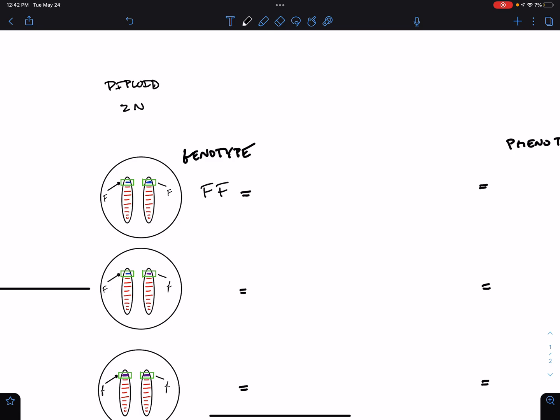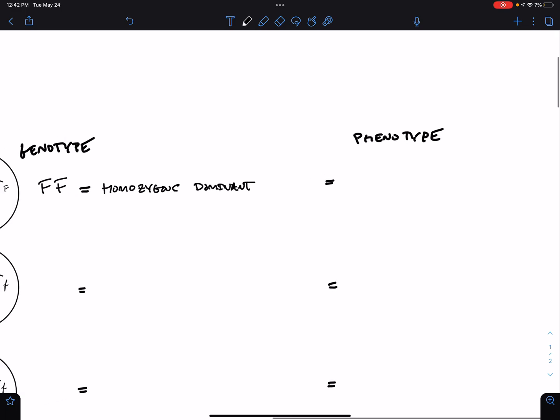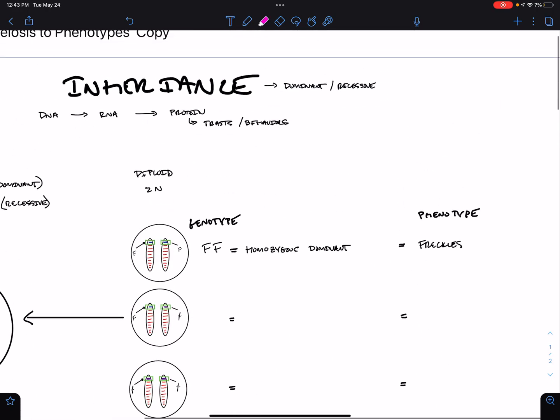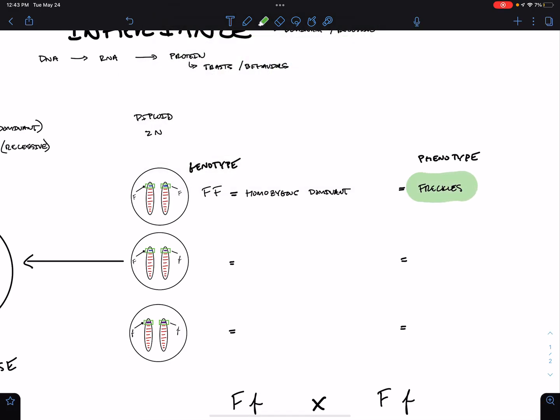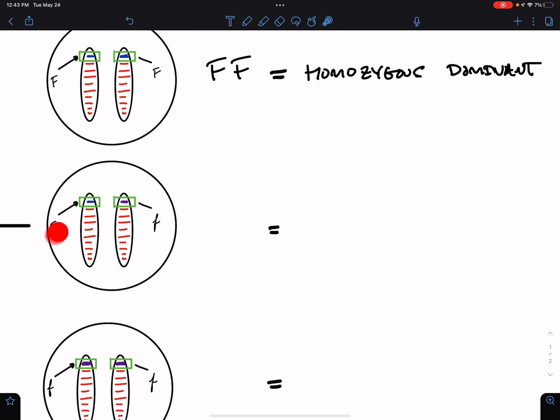Your genotype is big F, and you are homozygous dominant. And your phenotype, meaning the characteristics that you exhibit, is that you have freckles.